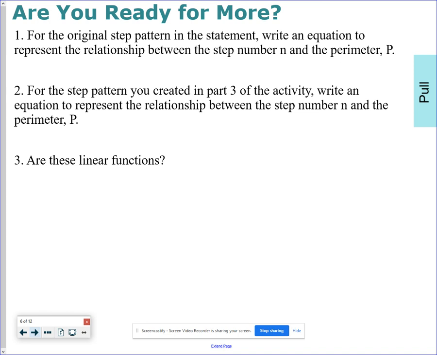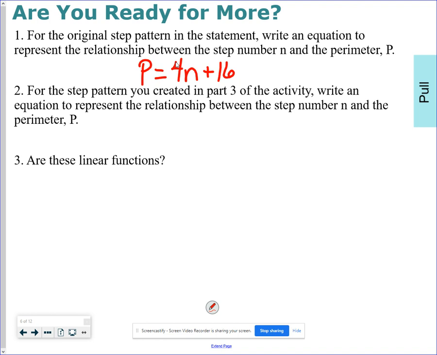So the step number would be, we had 4 times the step number, because whatever the step number was, that's how long each side was. And we had 4 sides of that square. Plus, because of those 4 extra squares around there, every single time we would add that 16. So that's what my perimeter would look like.